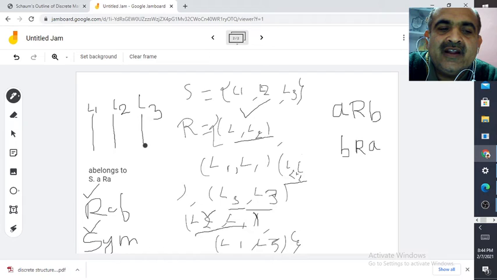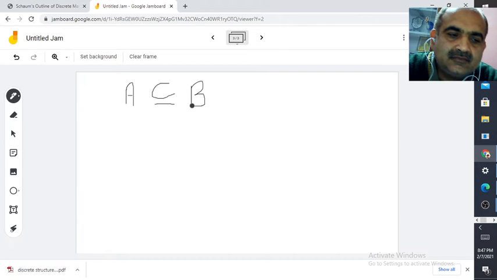Suppose A is a subset of B. What does it mean? It means that either all the elements of A are in B or both are equal.